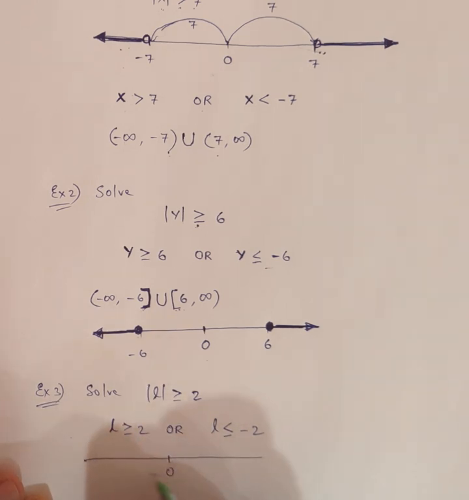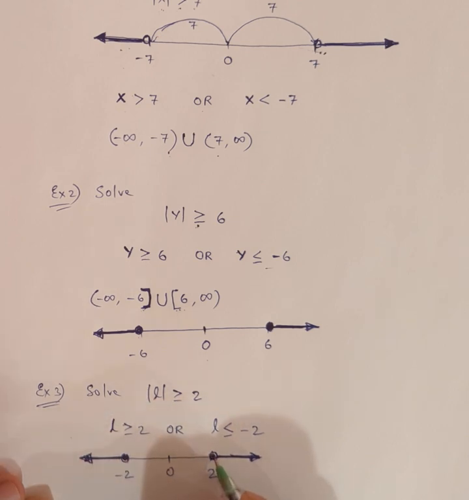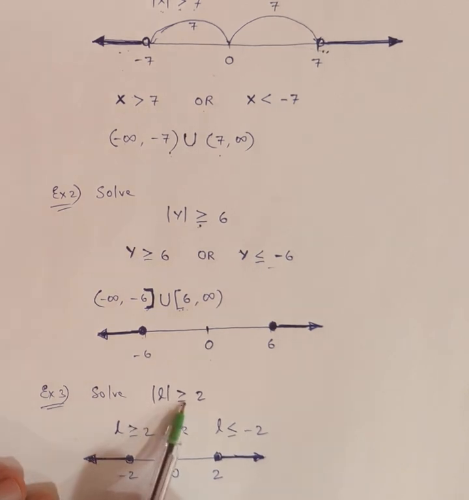This is 0, negative 2 is on the left of 0, positive 2 is on the right of 0. And I want to go more than 2, that's what this part is saying, or less than negative 2. So less means going left of negative 2. And the boundaries are included as well this time because we have the equality.